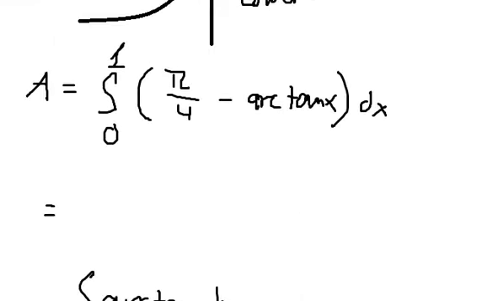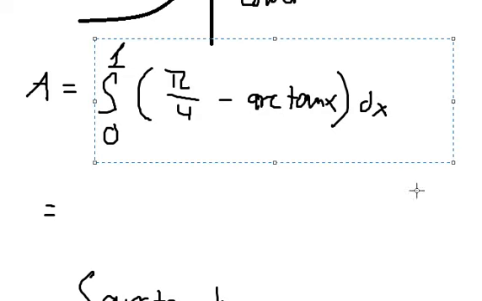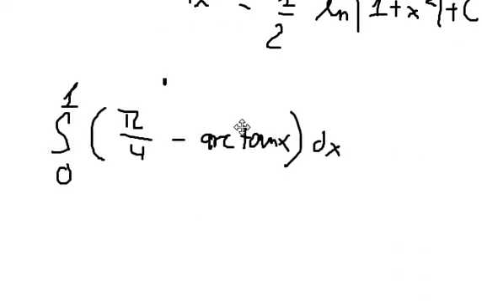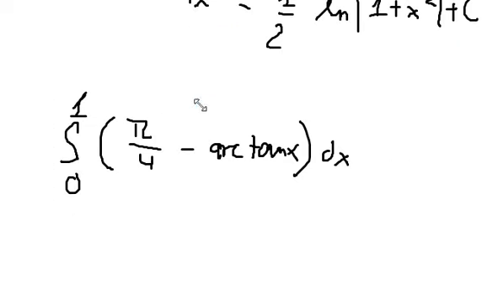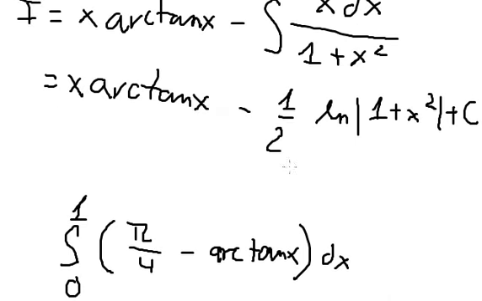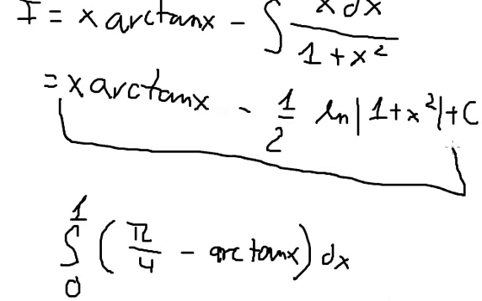Now, we return back to this one. The integration of this one in here, you get π/4 multiplied by x. The integration of arctan of x, we just have this one in here.